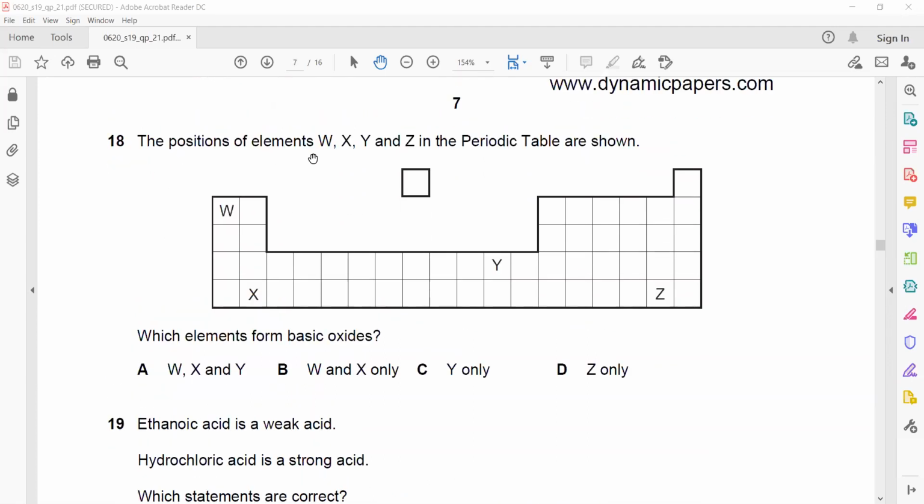The positions of elements W, X, Y, and Z in the periodic table are shown. Which elements form basic oxides? W and X only. B. Question 18. Basic oxides.